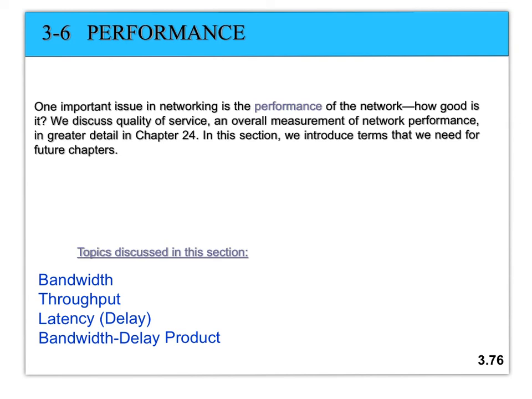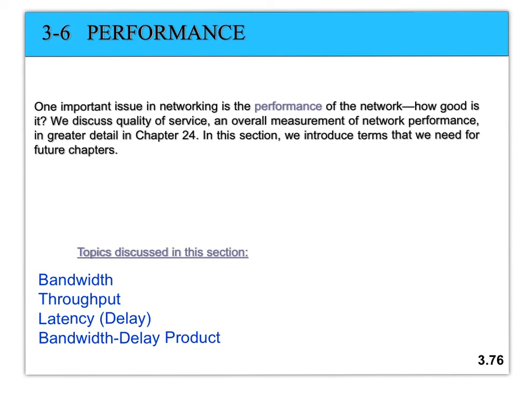Because this 10 megabits per second is the best case scenario as a theoretical limit, and it's based on certain properties of the cable without taking into consideration any noise, any loss over the line, any impairment of the line or any cut or anything. And also it doesn't take into consideration the protocol overhead and all of this. So the actual throughput that you get is typically significantly less than the bandwidth.